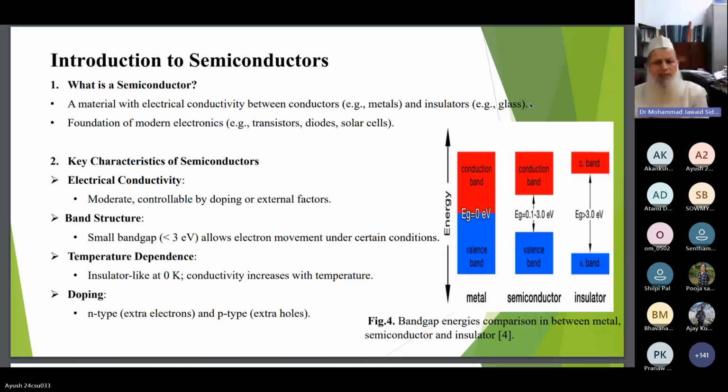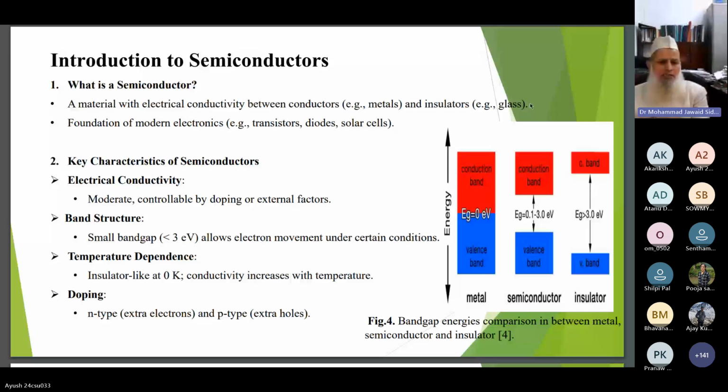The conduction band and valence band overlap each other. In general, semiconductors have an energy gap in the range of 0.1 electron volt to 3 electron volts, and if the energy gap is more than 3 electron volts, then that material behaves as an insulator.